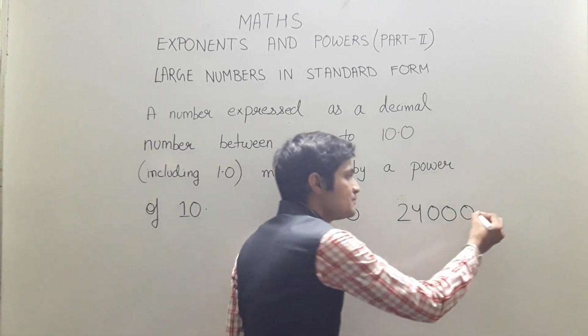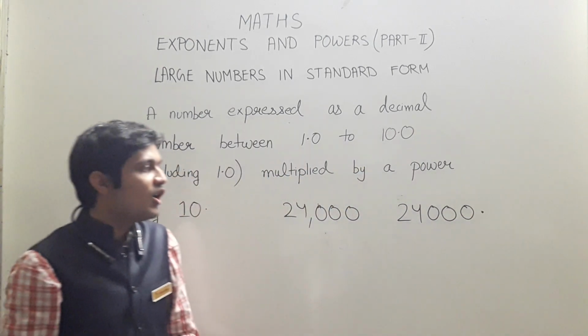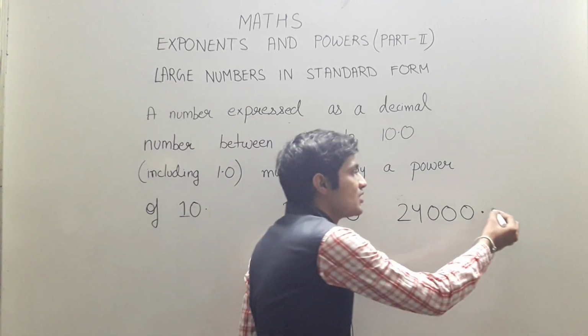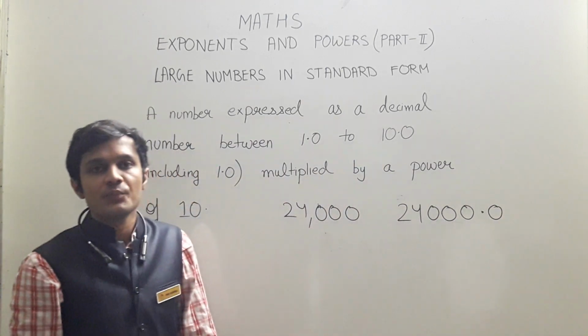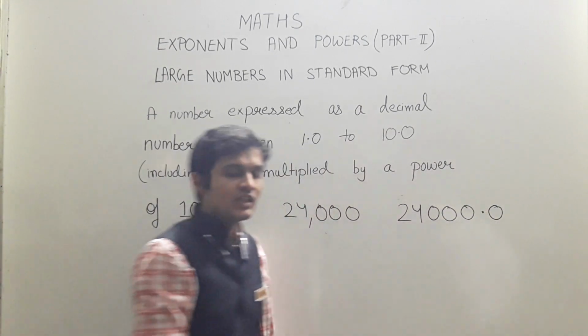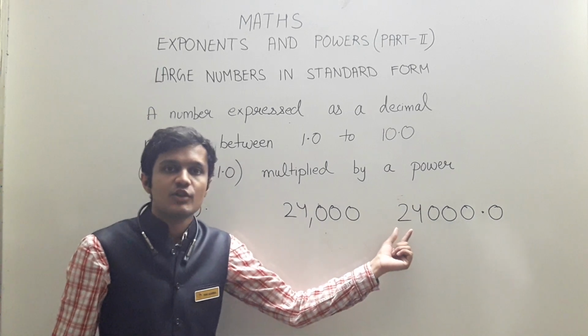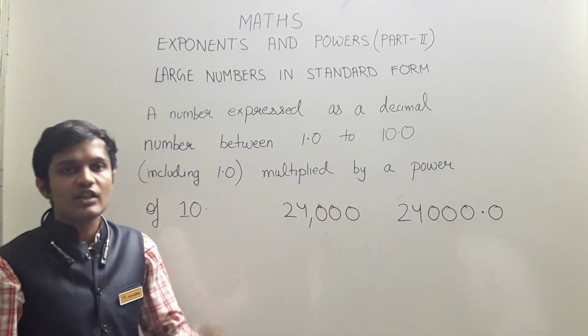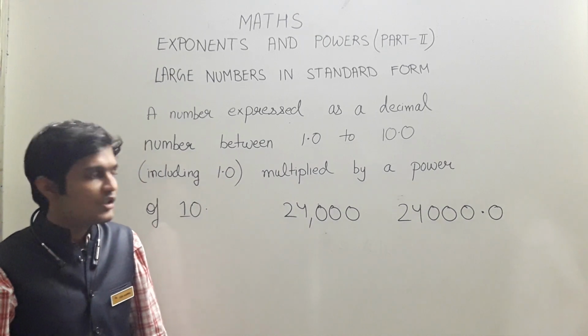For example, now the decimal is here after the number 24,000. Now what do we want to do? We want to shift that decimal between this 2 and 4. We want to shift this decimal after the first digit, that is 2.